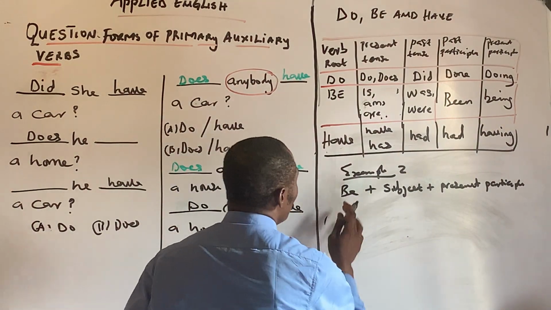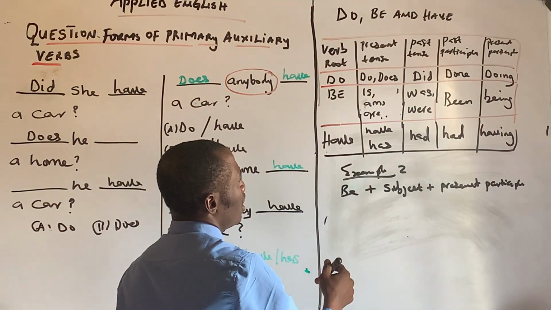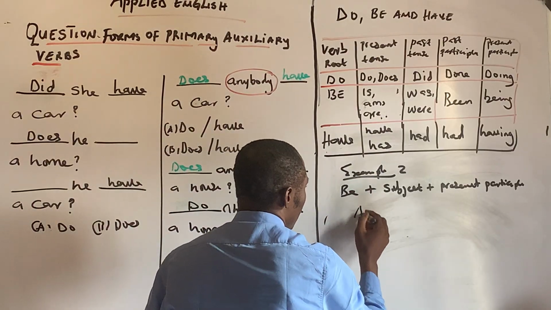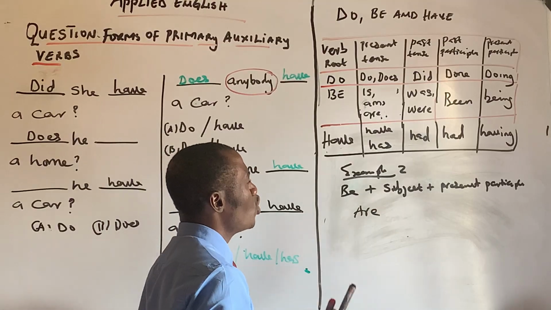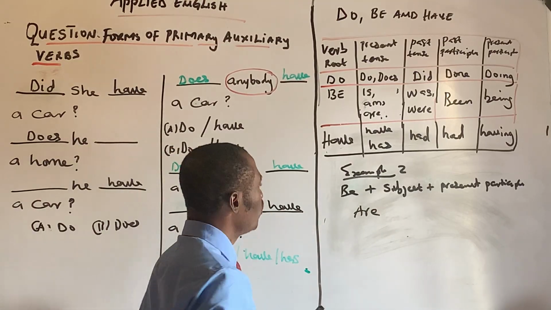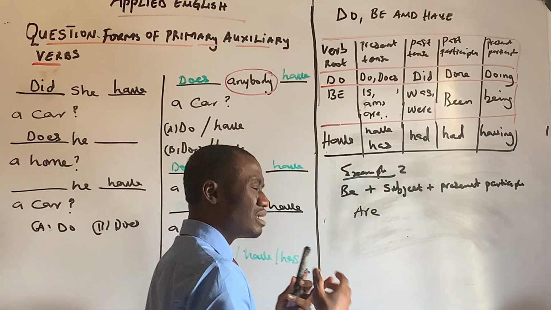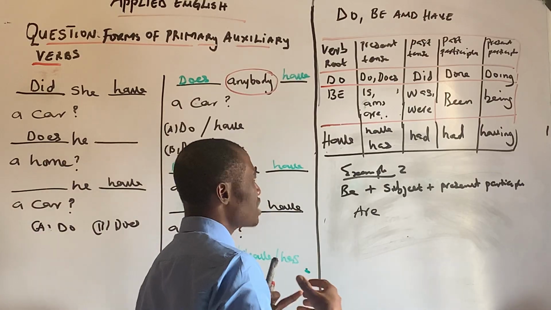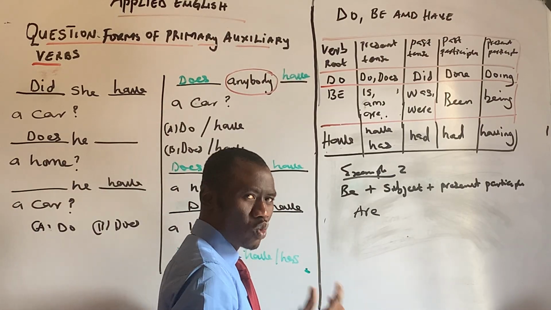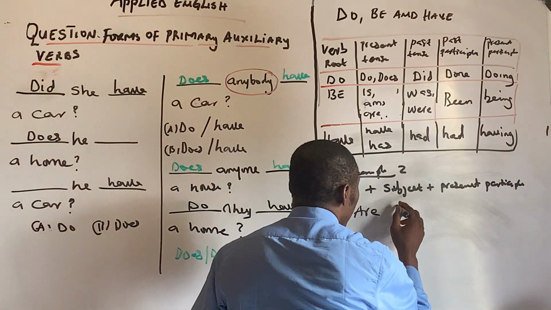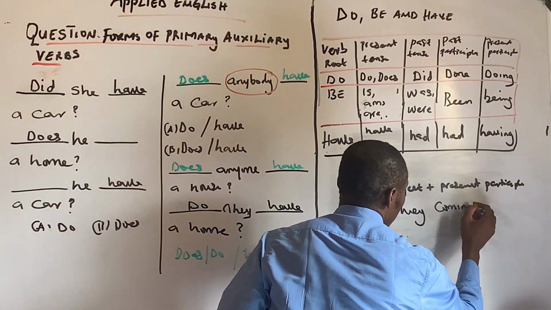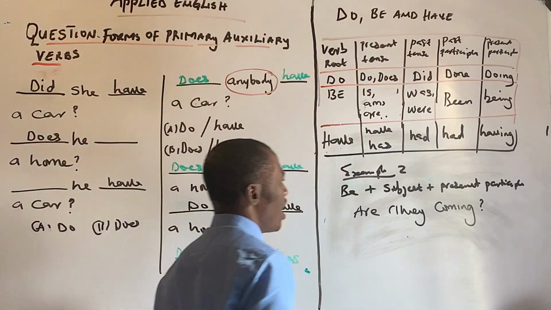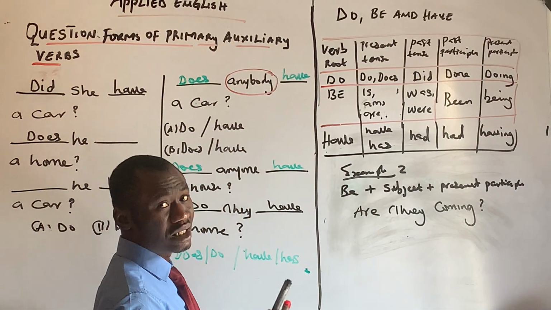Use the verb be. Let's choose are. If you choose are, the subject will be plural. If you choose is, the subject will be singular. Are you following? If you choose am, the subject will also be singular. So: are they coming? All right. So coming becomes the present participle.